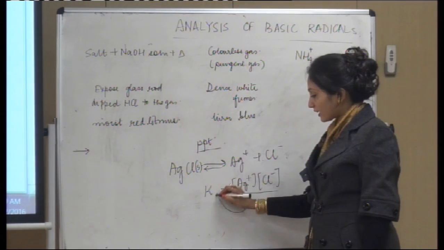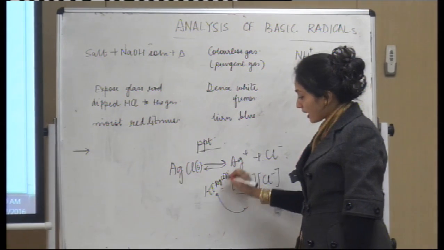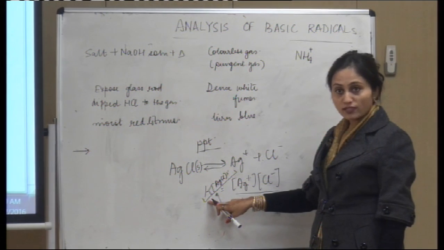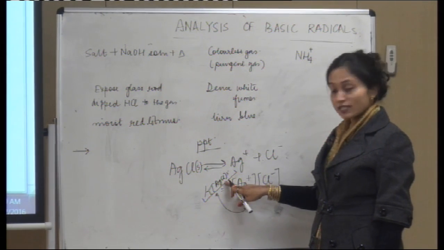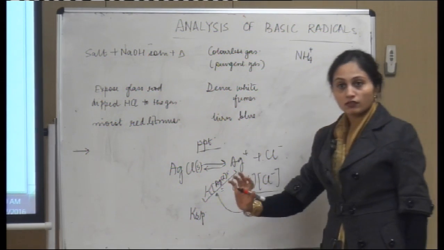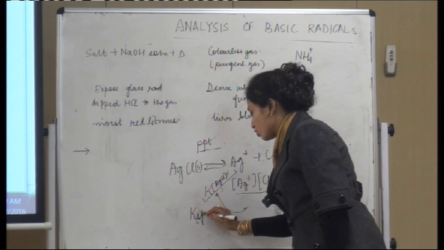When I take that AgCl solid here, that means K times AgCl solid. K is my equilibrium constant. That times my AgCl solid will be my solubility product.